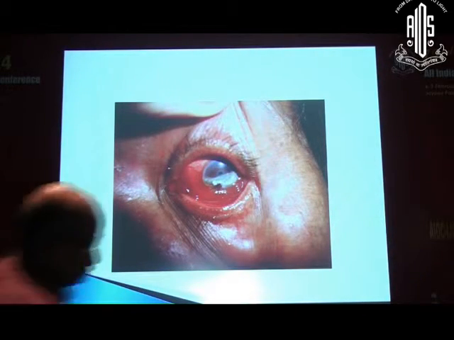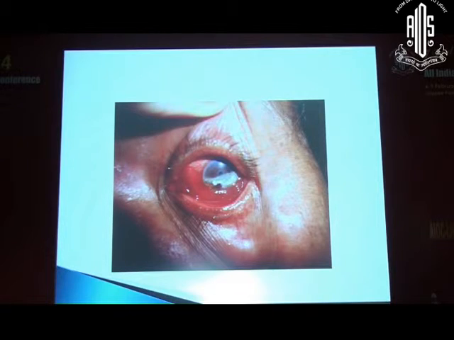This is a case where the patient has had opacity already, and on that there is a small ulceration. You can see the calcified spots. So this you have to mention. Whenever the calcified spots fall off, there will be ulceration in that area.